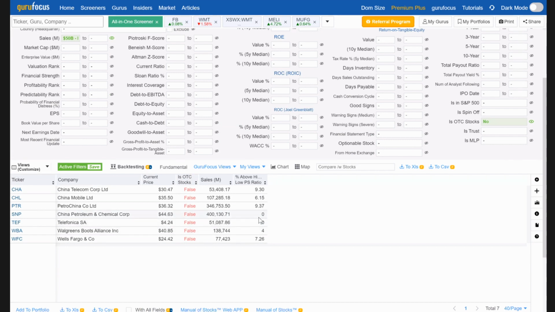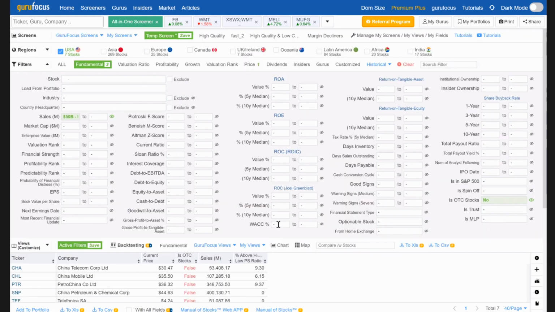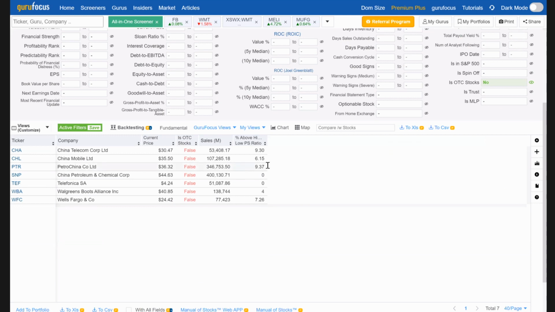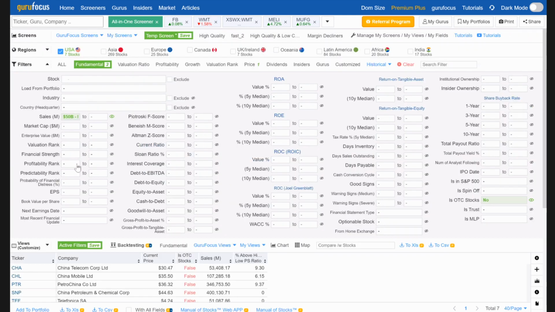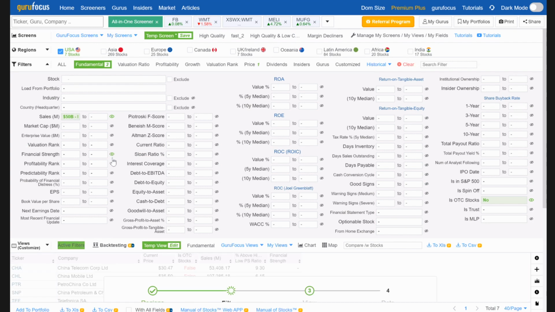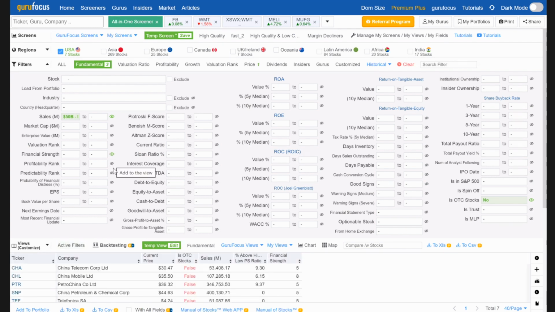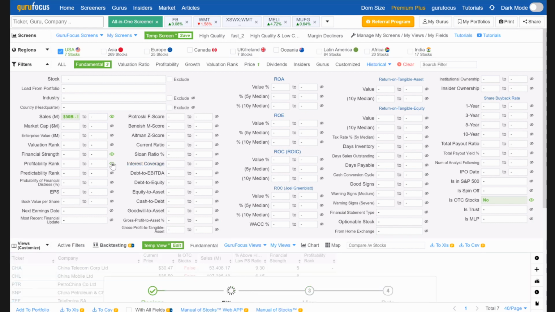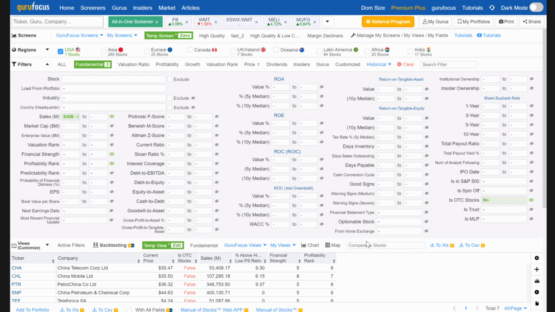It is at the point at which the PS ratio is the lowest. That's a screen you can use to screen how much percent above the historical PS ratio. But to me, of course, the company quality is always the most important thing. So I always check the financial strength rank and the profitability rank. Those are the important things for good companies.